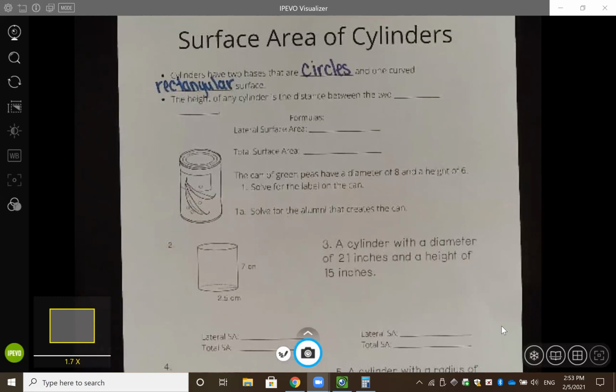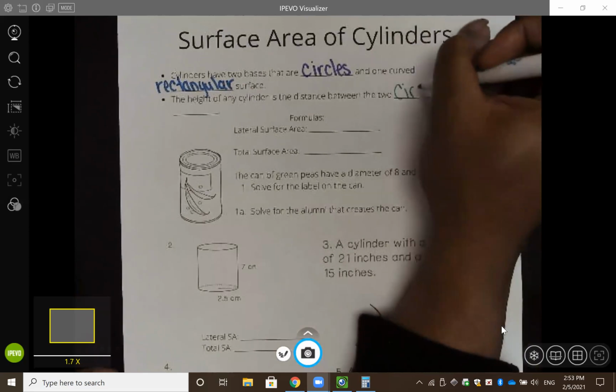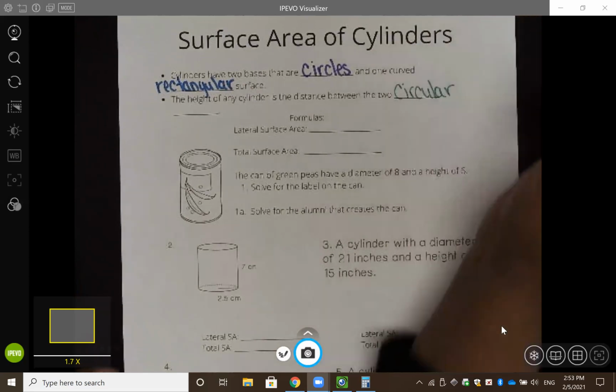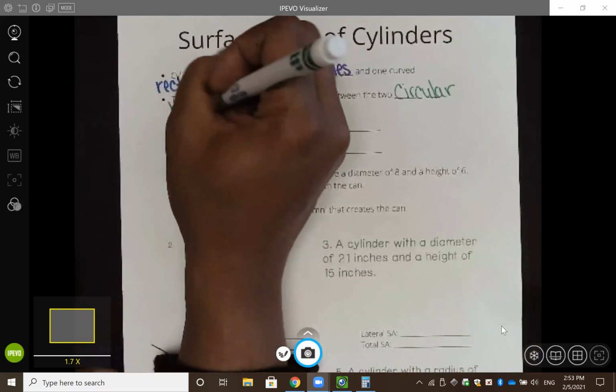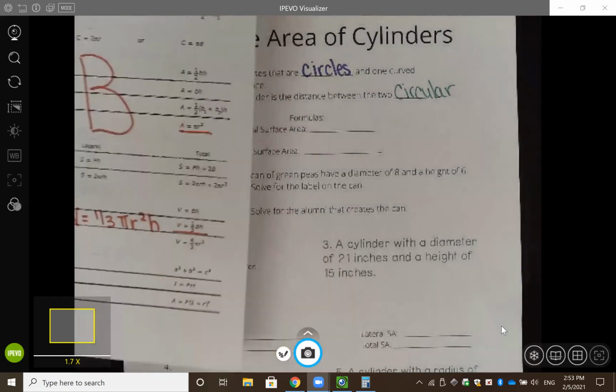The height of the cylinder is the distance between the two circular bases. The formulas, again, I'm going to look over here so I don't mess them up.